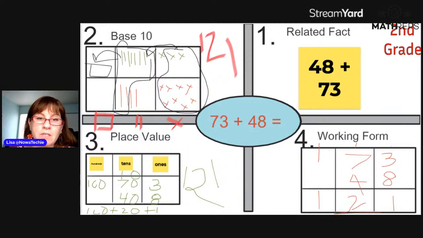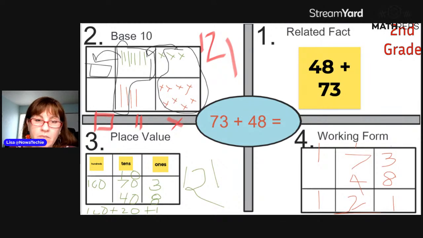So we have the 73, we had the 48, we grouped them in 10, we regrouped, we grouped another set of 10 and regrouped. And then we saw how many we had all together. We had 1 hundred, 2 tens, and 1 one for 121.